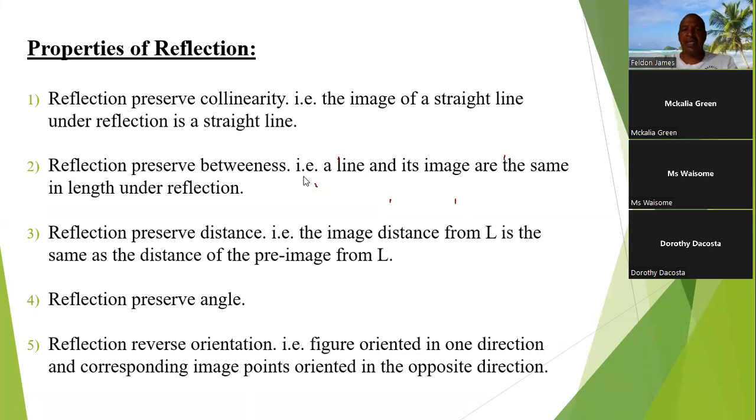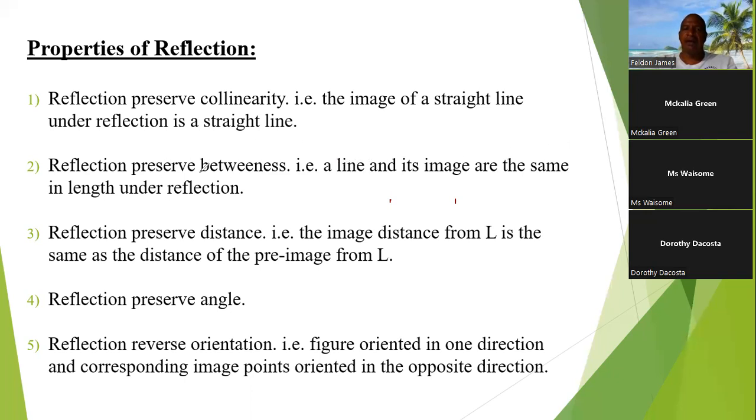Reflection preserves betweenness. A line and its image are the same length on the reflection. So what we mean by preserve betweenness, we are simply referring to the distance from the mirror line to the image, which will be the same distance as the pre-image from the mirror line.